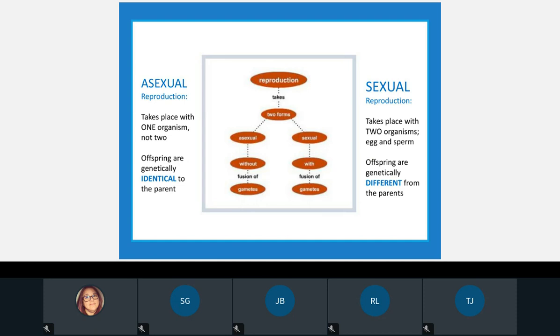So there are two ways that organisms reproduce. There are asexual ways of reproducing and sexual ways of reproducing. So can you use your pointers, point to the way that we as human beings, I know, what is it? I understand.